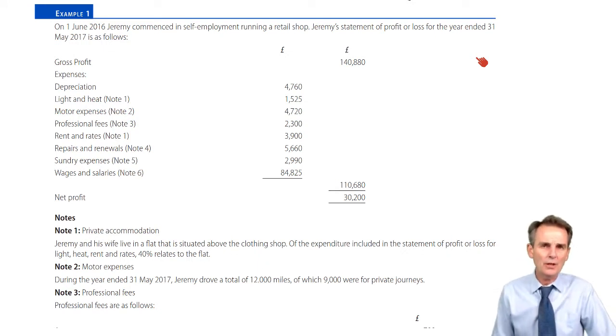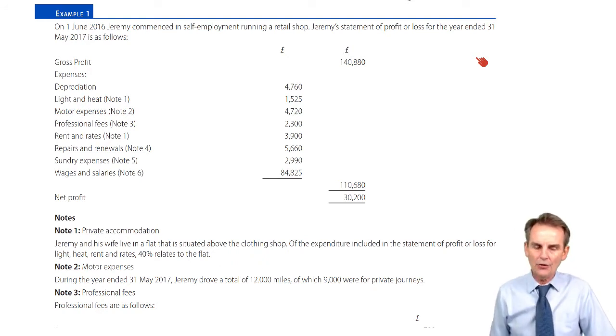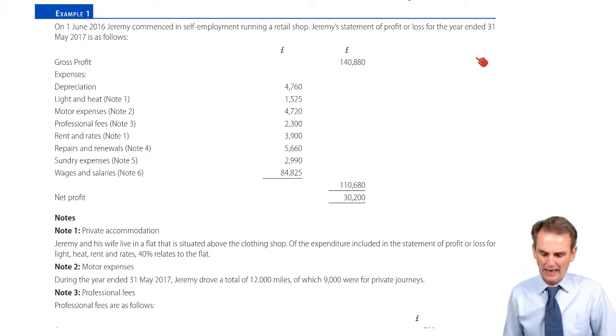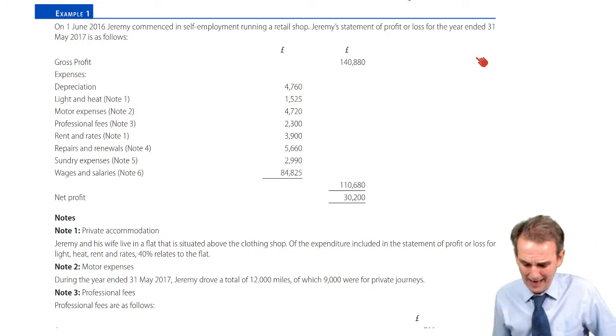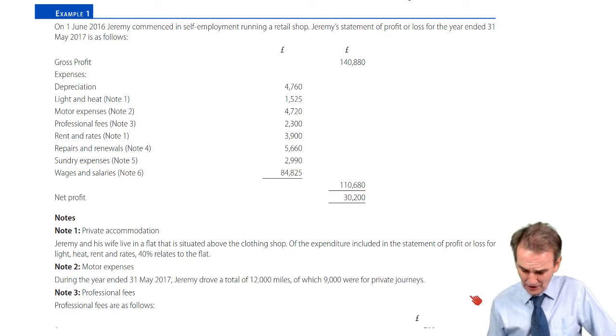So when you deal with this in an exam question, always look very carefully. For example, it might be an objective testing question. First thing to look at is not just the expense item, but who's the trader? Is the trader a company or is the trader an unincorporated trader? Before you start to deal with those adjustment of profits issues. Be warned.